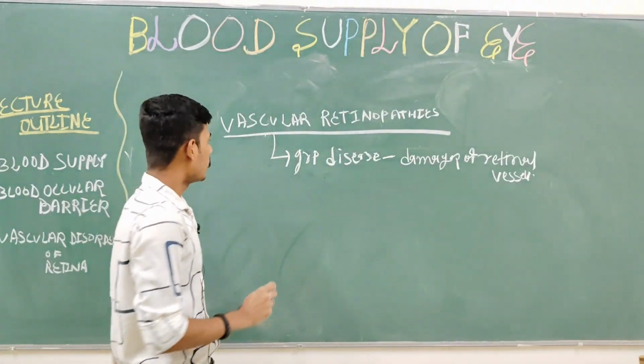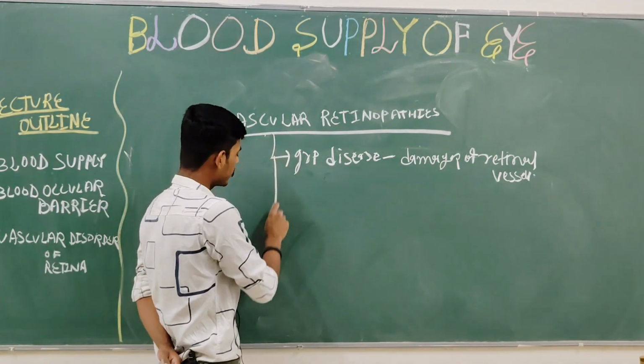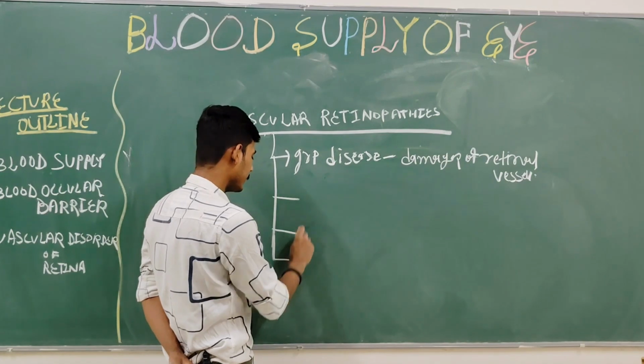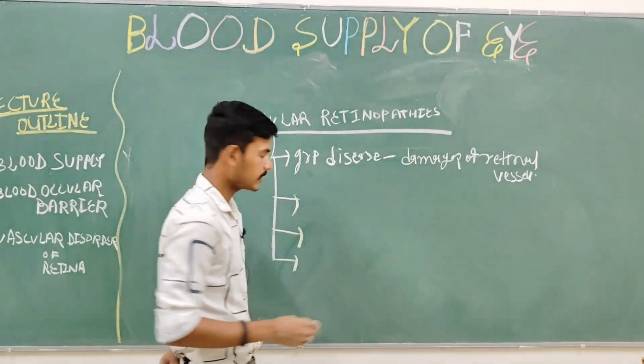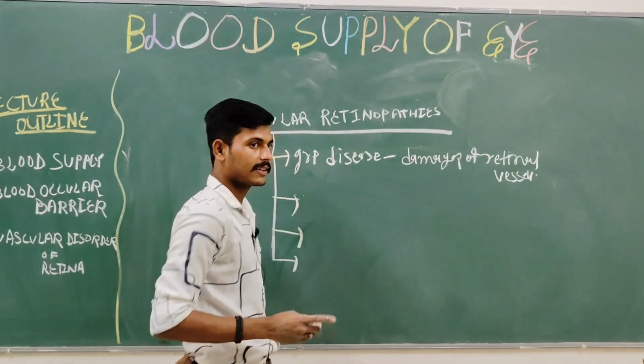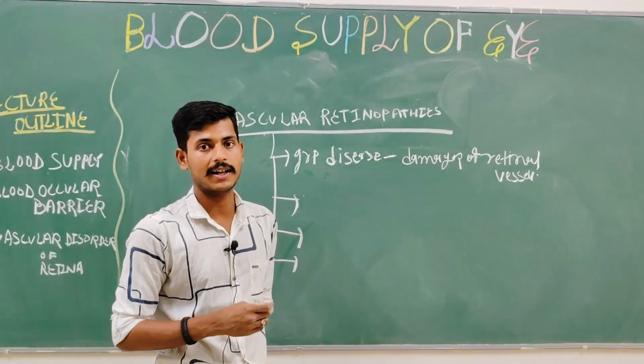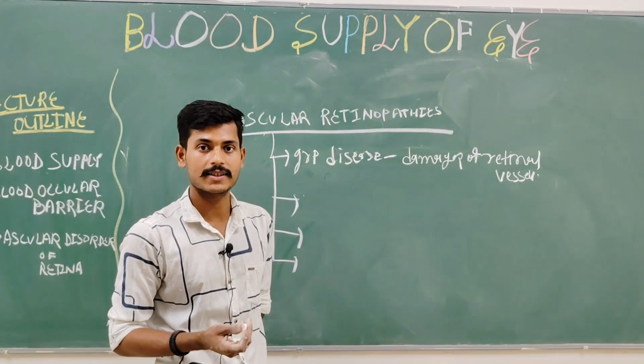Understanding? Now, the vascular retinopathies mainly arise in three conditions. Have you seen a diabetic patient's eye or a hypertensive patient's eye?